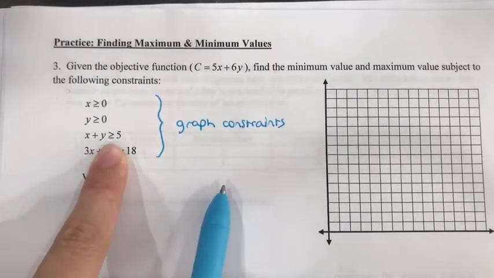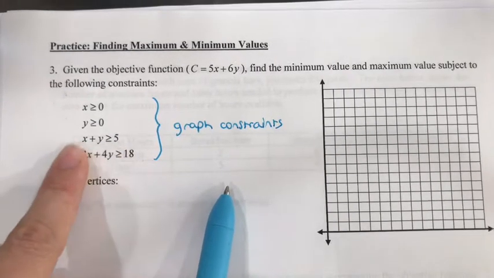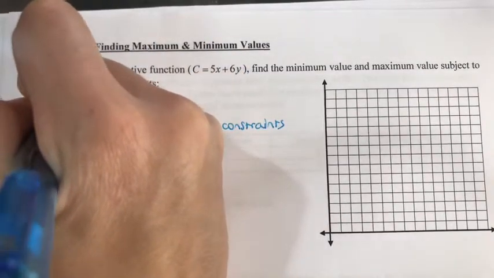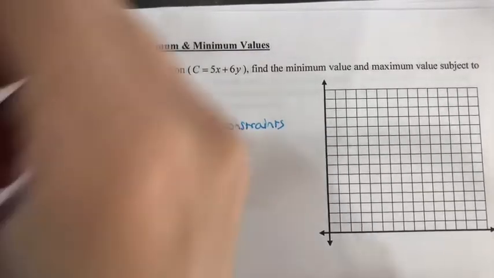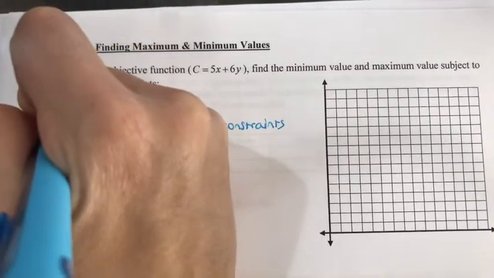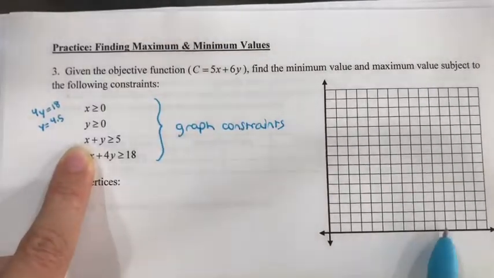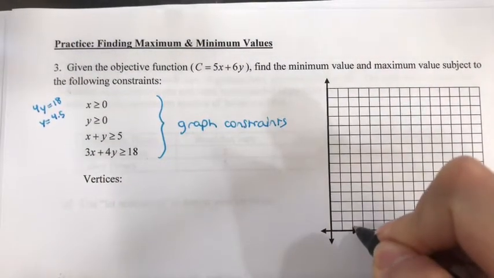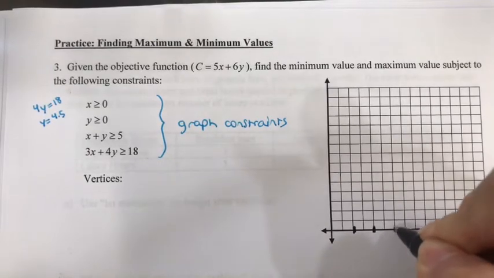So notice that my x-intercept would be 6. My y-intercept, let's see, divide by 4. It's 4.5. So I'm actually going to mark up my x-axis 2 units for every tick mark.